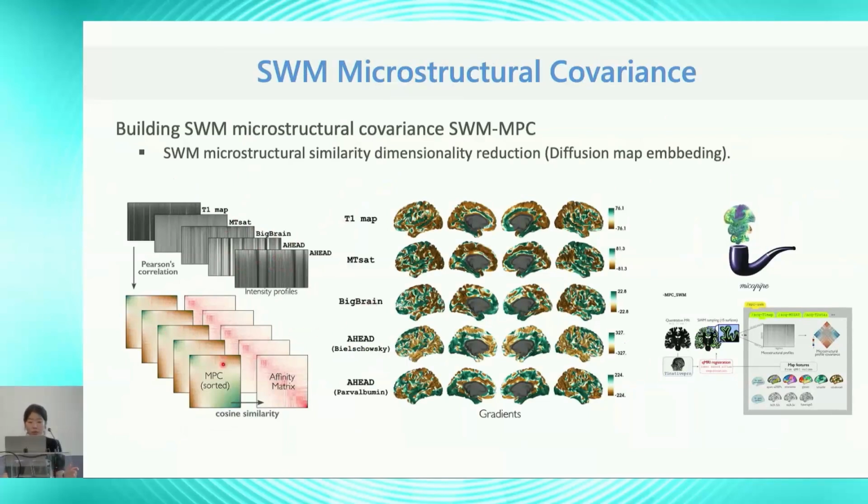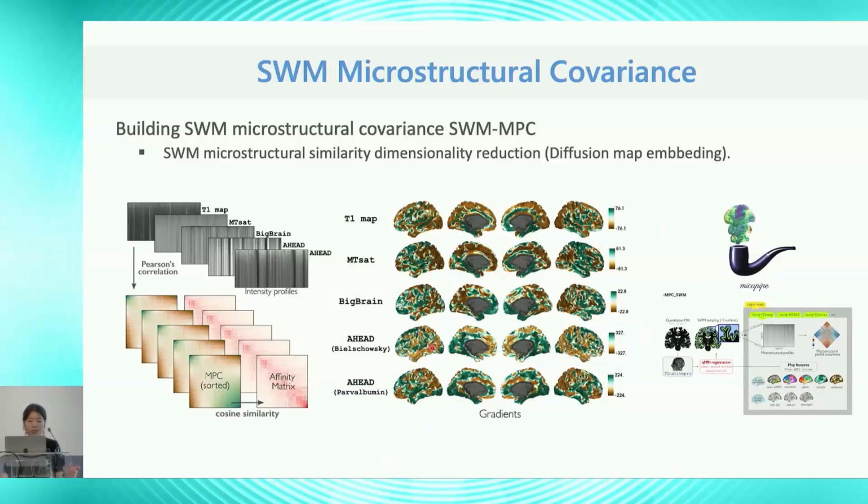Each average MPC matrix was converted to a normalized angle affinity matrix, and diffusion map embedding was applied. The eigenvalues of the embedding, also known as gradients, describe the variance across the superficial white matter MPC.